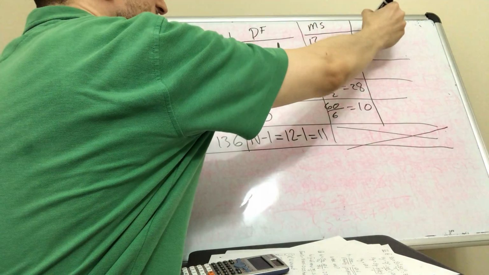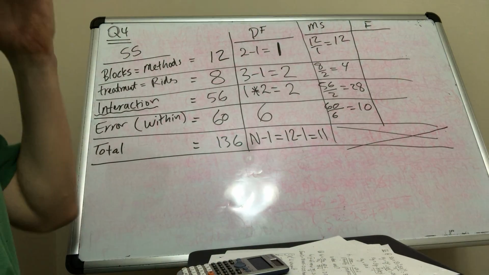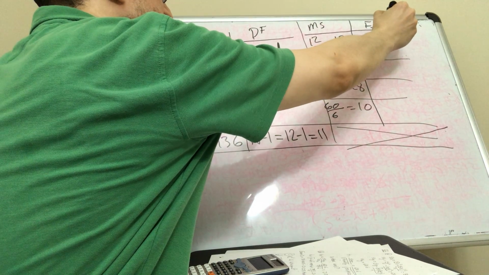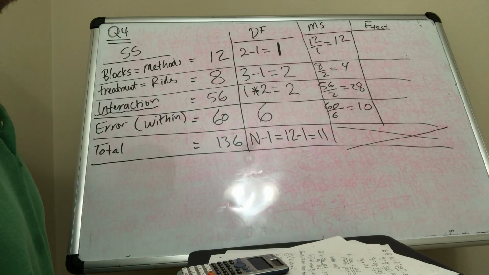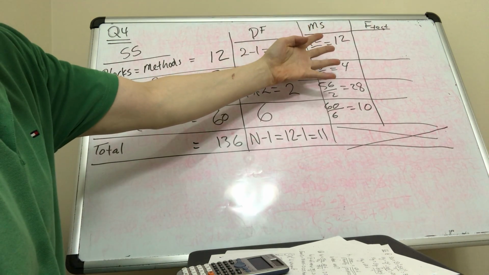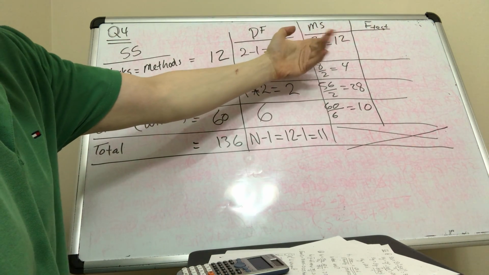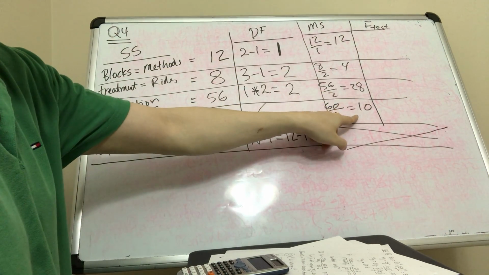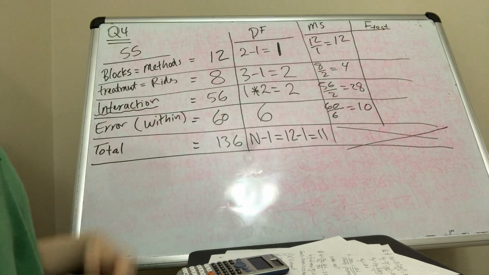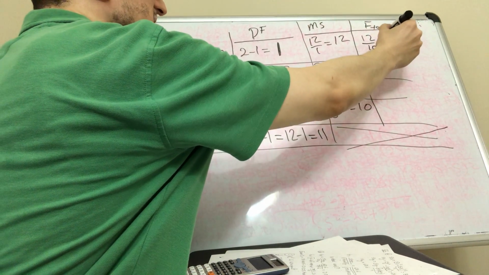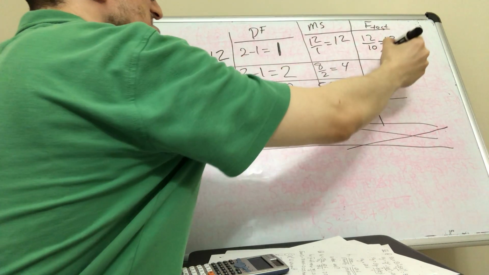We go to the F value. And I told you, you take the MS that's in the same level and you divide by the error. So for the first one, it will be 12 over 10, 1.2.